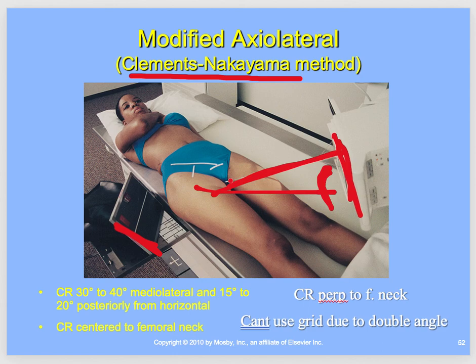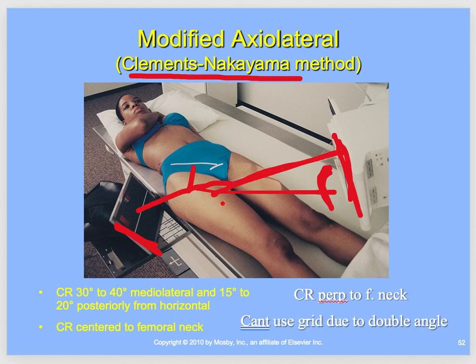Okay, so you're entering still at that femoral neck, and they're showing you right here pubic symphysis, the femoral head, the femoral neck, and then that's where you're visualizing it and then to that image receptor. So central ray is centered to the femoral neck. You're not going to lift either leg.